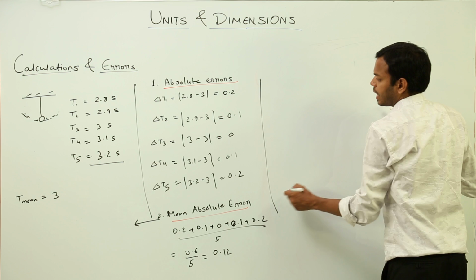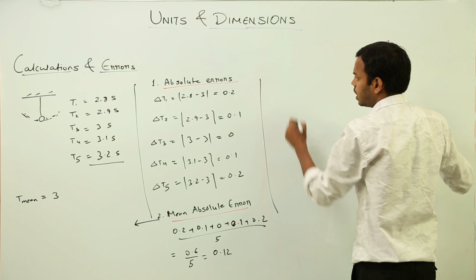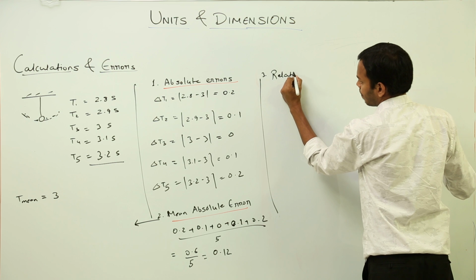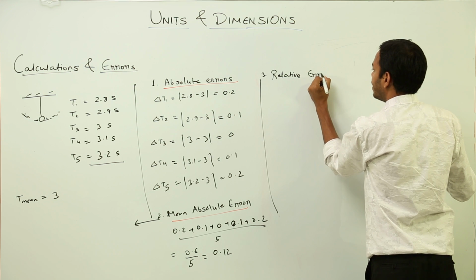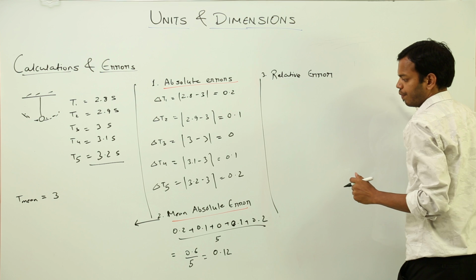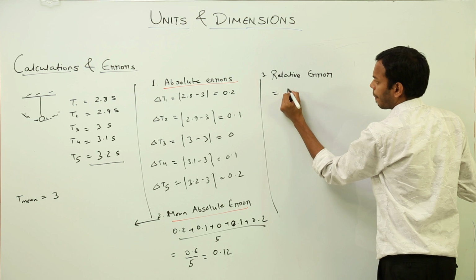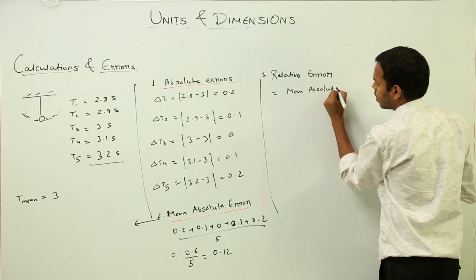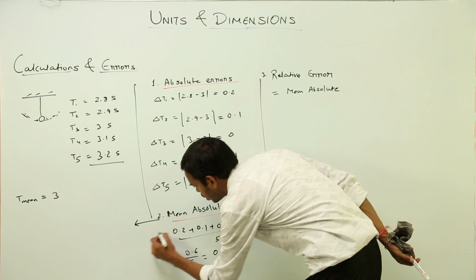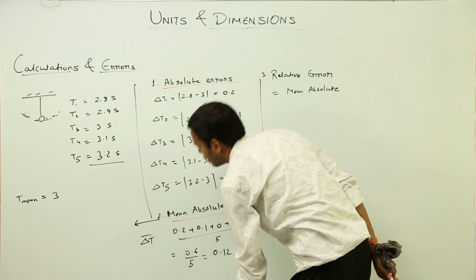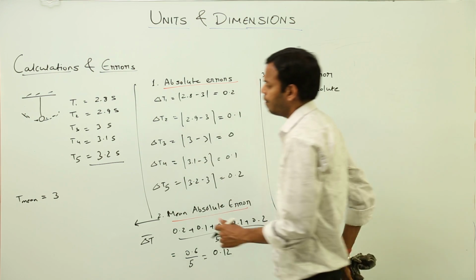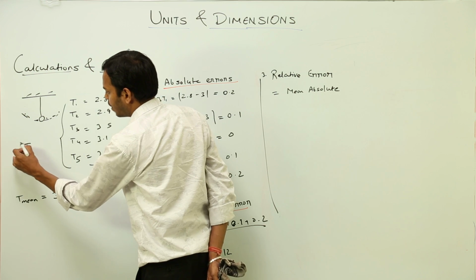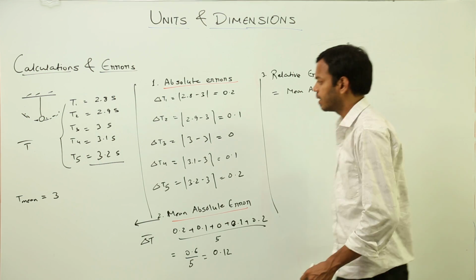Then the next type of error is called relative error. Relative error has a very simple formula, which is the mean absolute error. I should denote it by delta t bar, because if these are the 5 observations, then the mean value is often denoted by t bar, right?